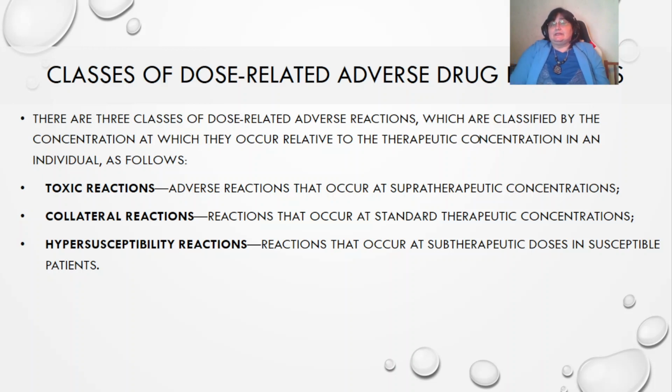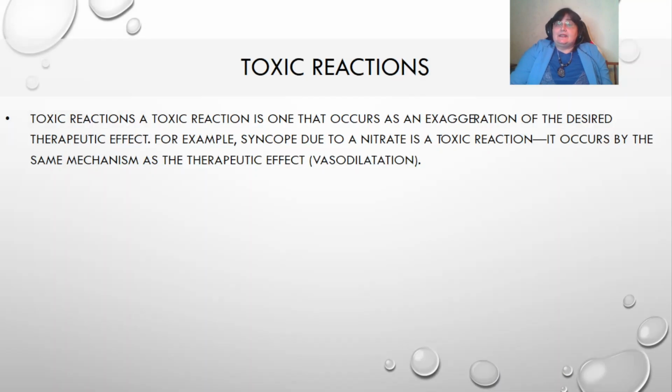Toxic reactions are adverse reactions that occur at supratherapeutic concentration. Collateral reactions are reactions that occur at standard therapeutic concentration. Hypersusceptibility reactions are reactions that occur at subtherapeutic doses in susceptible patients.